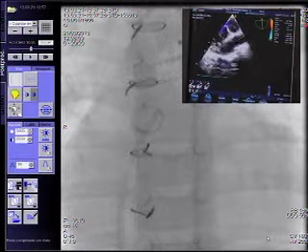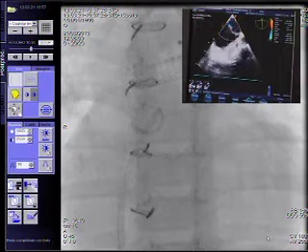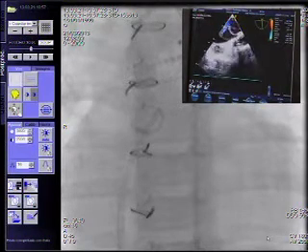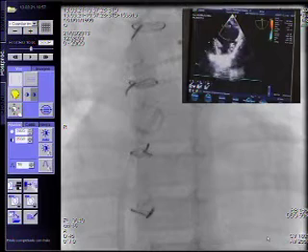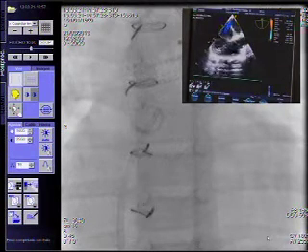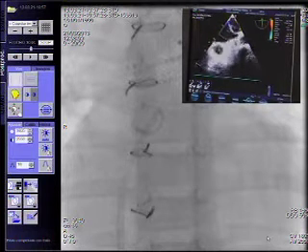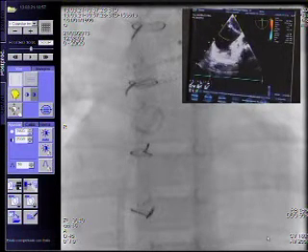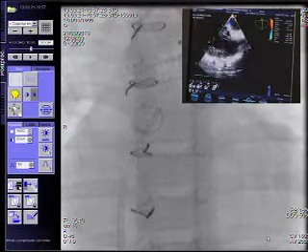Le voy a preformar esto un poco más. Uno metálico mejor. Voy a preformar para darle más vueltas. I'll go there with an 18 guide.